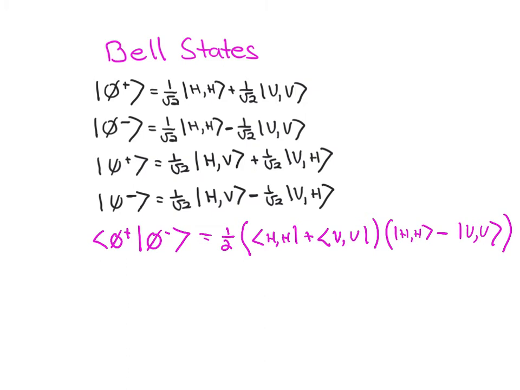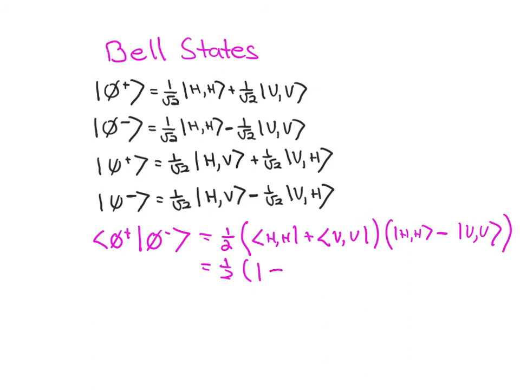When you multiply this out, you'll see that you get 1/2 times: the inner product of HH with HH gives a 1. And then the HH inner product with VV gives a 0.